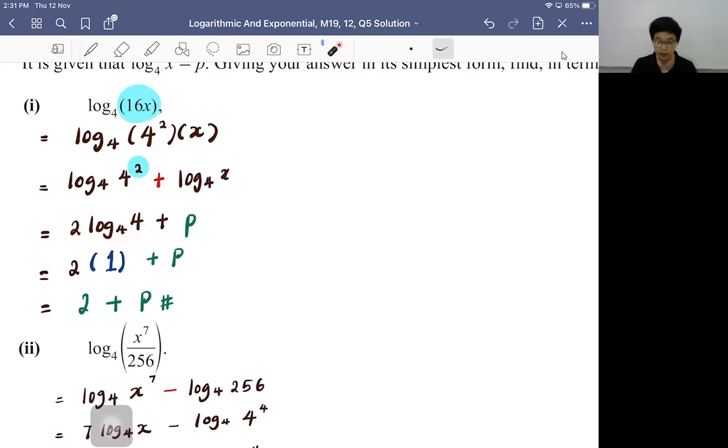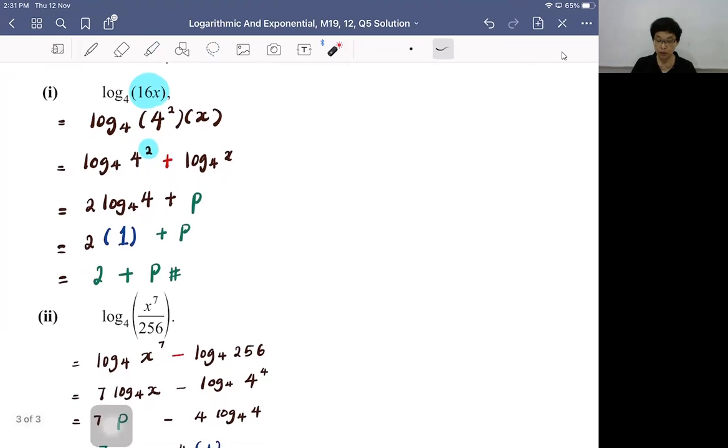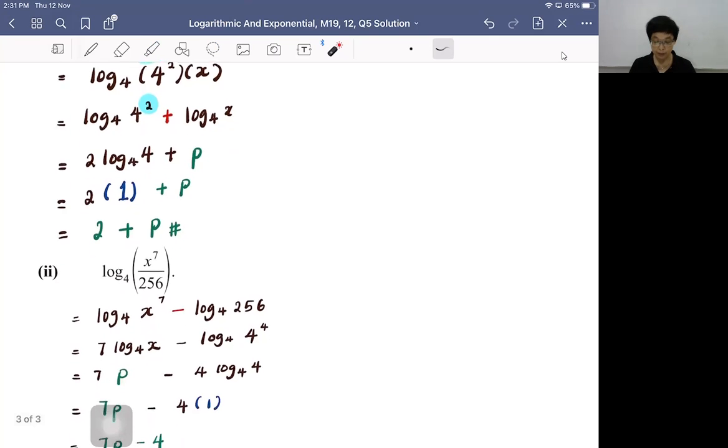By doing that, we say 2 times 1 plus p, which simplifies to 2 plus p. You have arrived at its simplest form, and that concludes your answer for part 1.